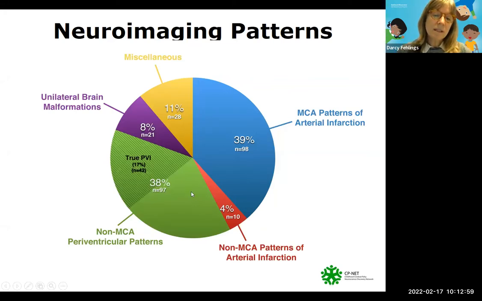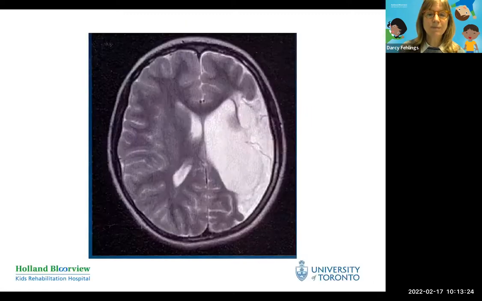And then within this, we had a large proportion, the striped line here, that had a periventricular venous infarction. So from a vascular injury pattern, the most common was the MCA, but the periventricular venous infarction was the second most common vascular pattern.